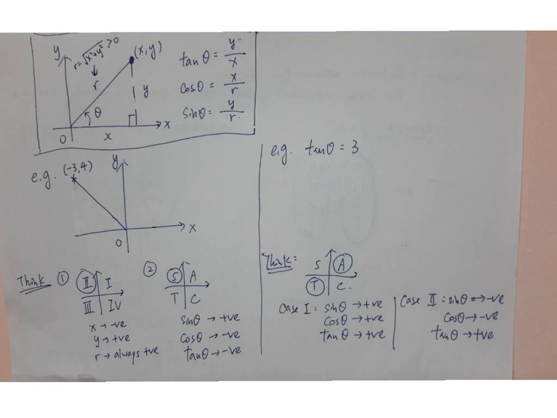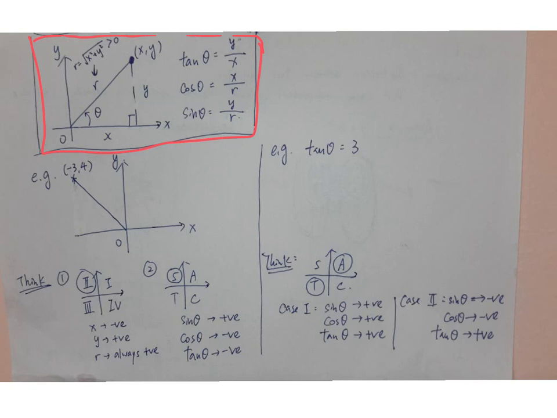So after we have a revision on the junior form trickle, let's move on to the senior form trickle. So this is the first thing that you have to remember, this box. You have to remember the definition of the sine, cosine, and also tangent theta, and also you have to know how to draw the graph.